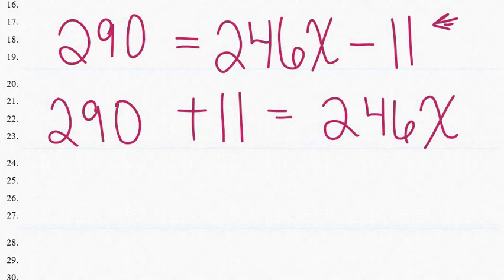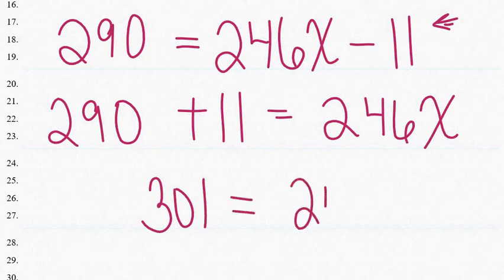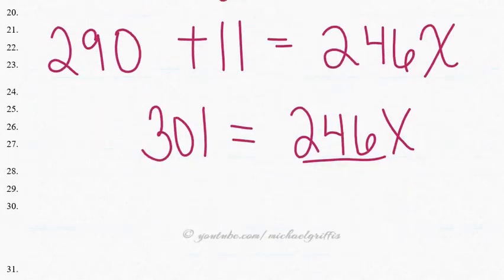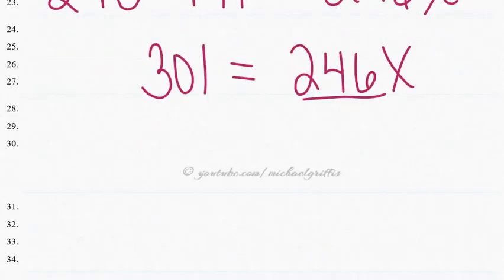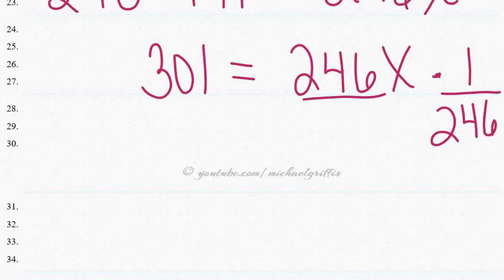All right. Adding 11 to both sides, so you have 290 plus 11 gives us 301. Rewrite. Now we got to get this coefficient to look like a 1. We've got to turn that into a 1, and we're going to do that by multiplying both sides by the reciprocal of 246.